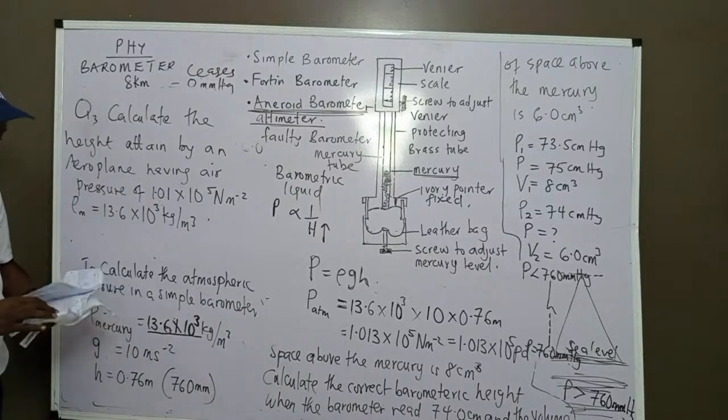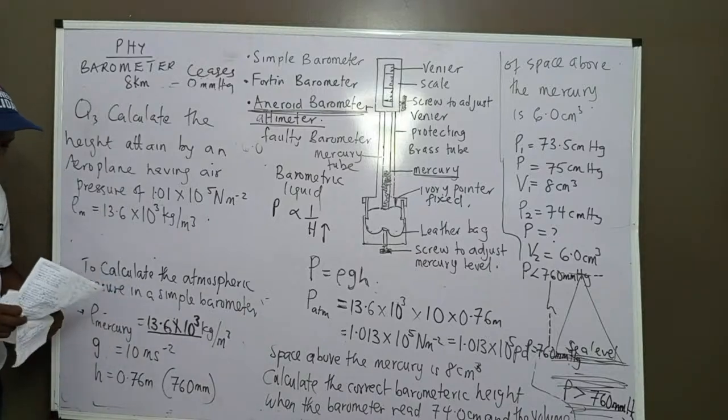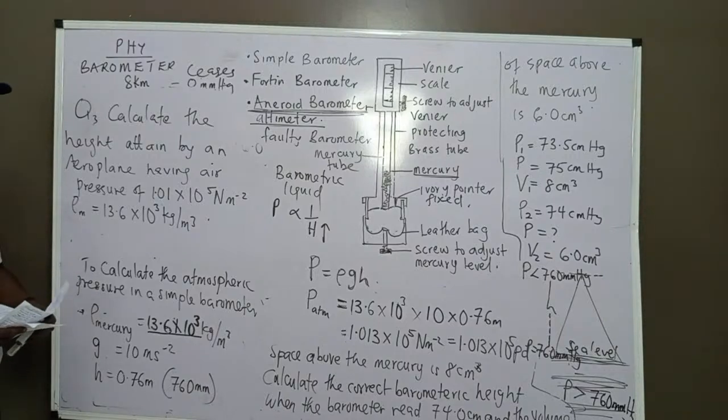We have a question here to solve, and that question says to calculate the height attained by an aeroplane having air pressure of 1.01 times 10^5 Newton per meter square or Pascal.